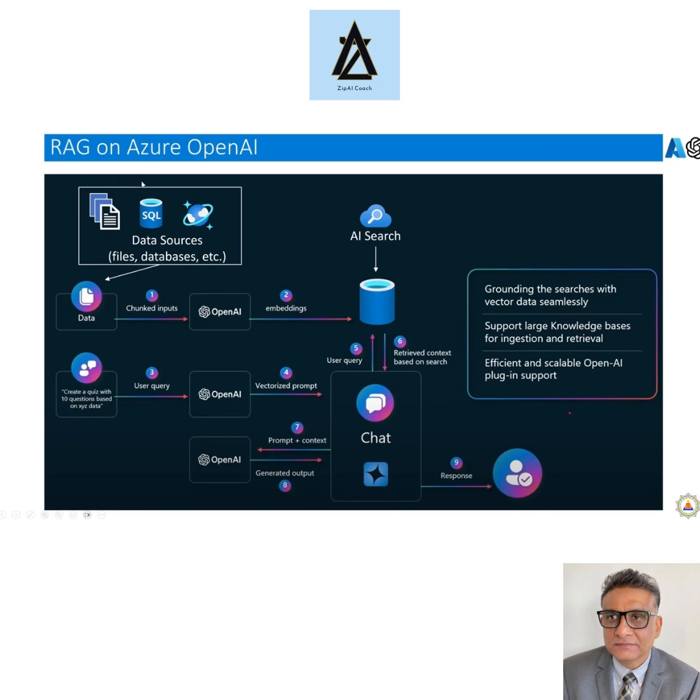The example that I've shown is this. I'll show you how you can easily do that. So you have data sources, could be structured, unstructured, or semi-structured. You basically chunk it, embed it, and store it in a vector database. When a user query is performed, you vectorize the prompt, perform a query, generate the content, which is prompt plus context, and get a response back.